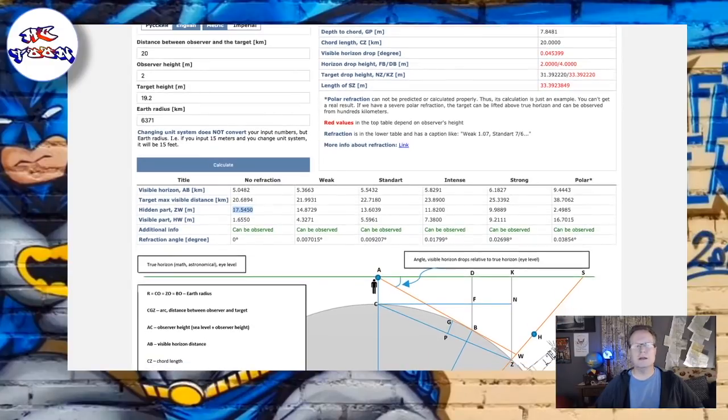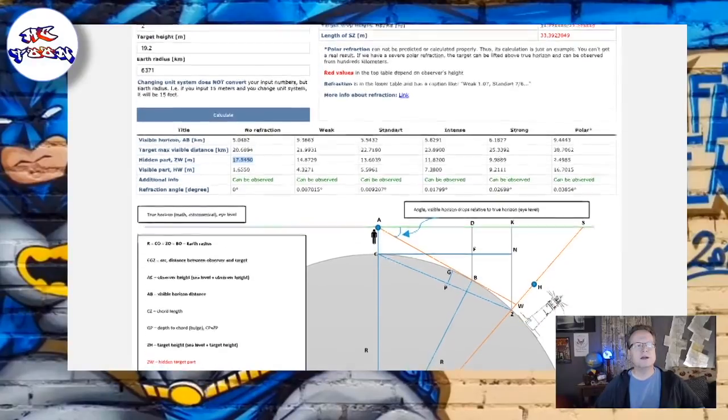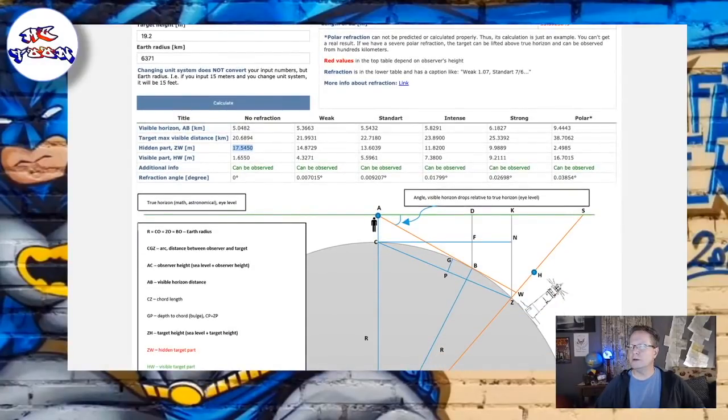Right, ZW is the hidden part, and for the Bathurst Lighthouse from that distance, it is 17.54 with no refraction. And of course there is refraction, so you need to increase your margin of error there. So 13.6.